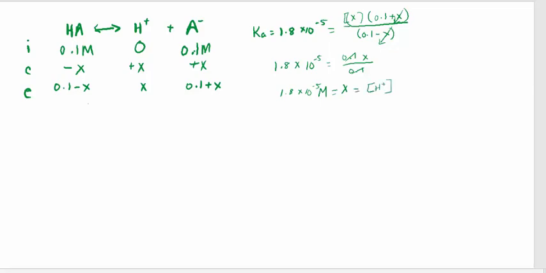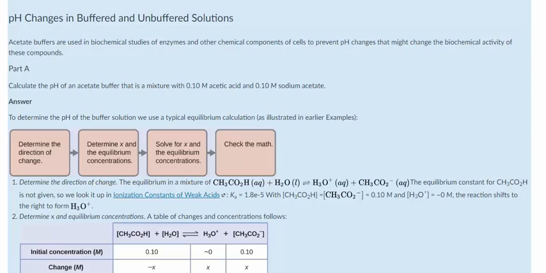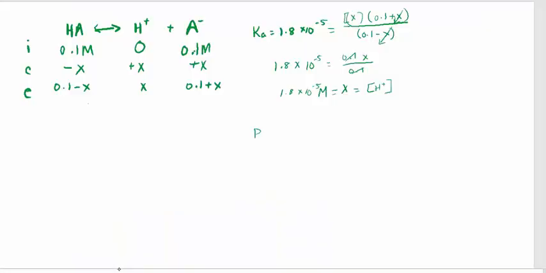Going back to the original question, they want the pH. Remember, pH equals the negative log of the concentration of the hydrogen ion. So in this case, we're going to take the negative log of 1.8 times 10 to the negative 5.